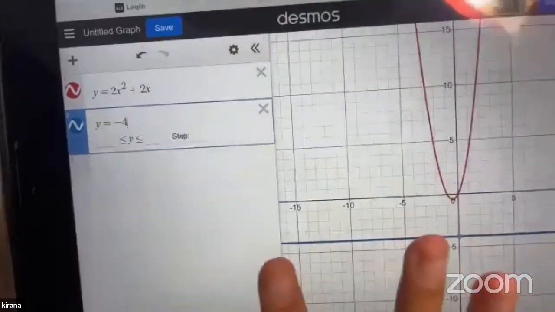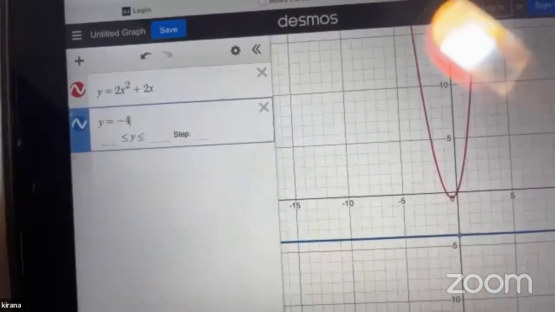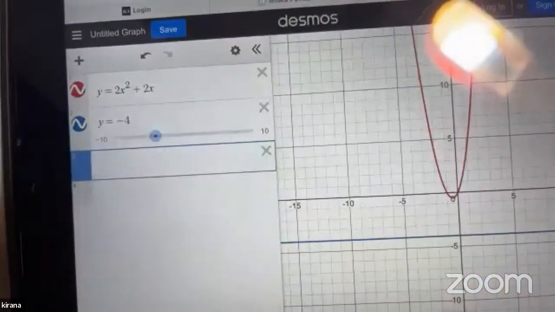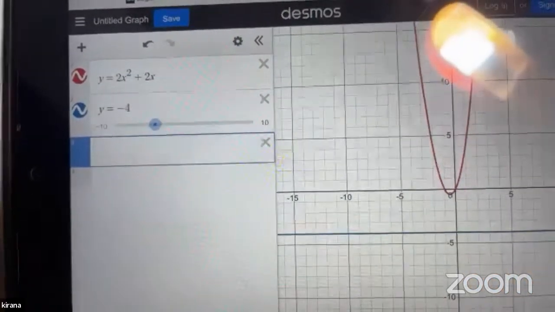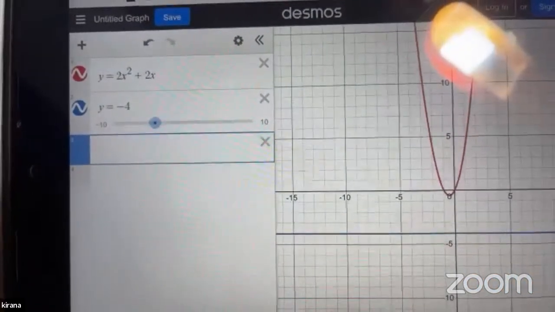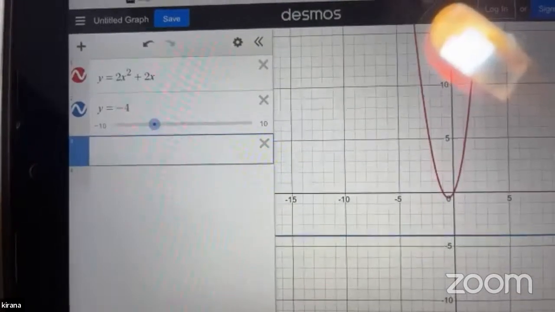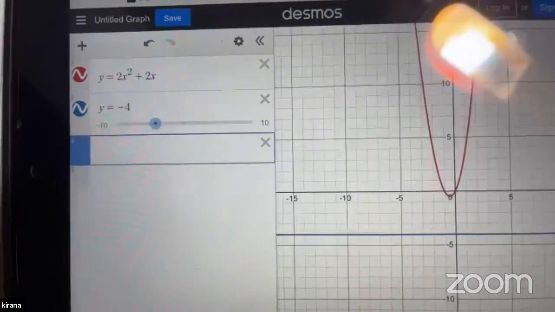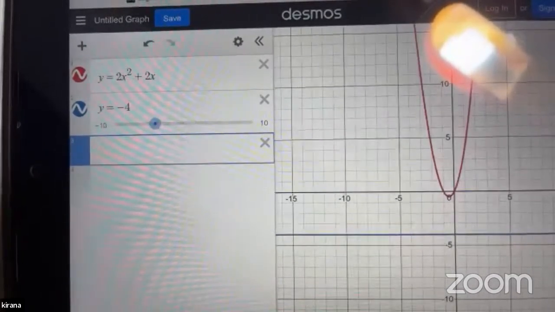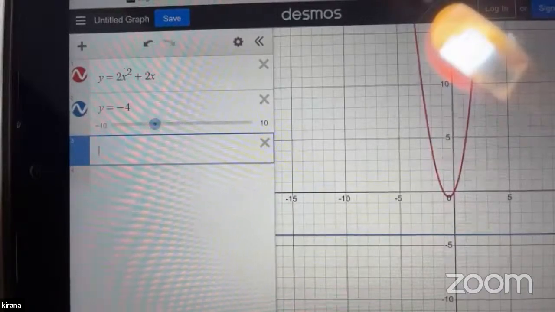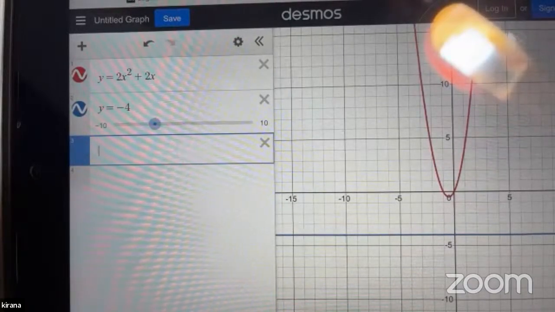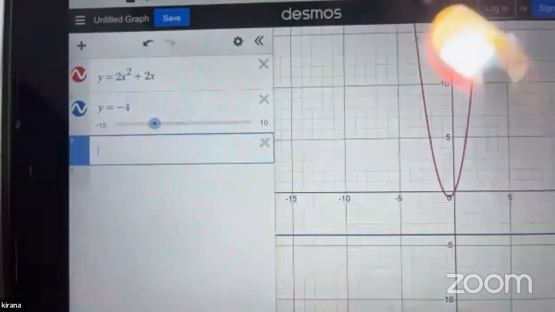I'm going to ask you to type one more thing. So graph number 3. You have 3 things. So y equals 2x squared plus 2x, the same thing as the red one.